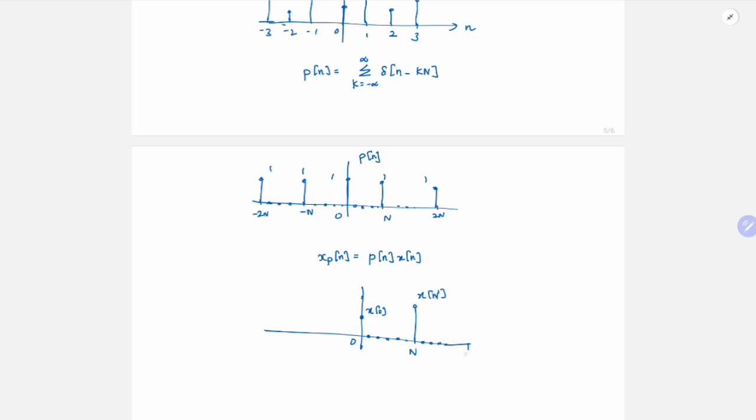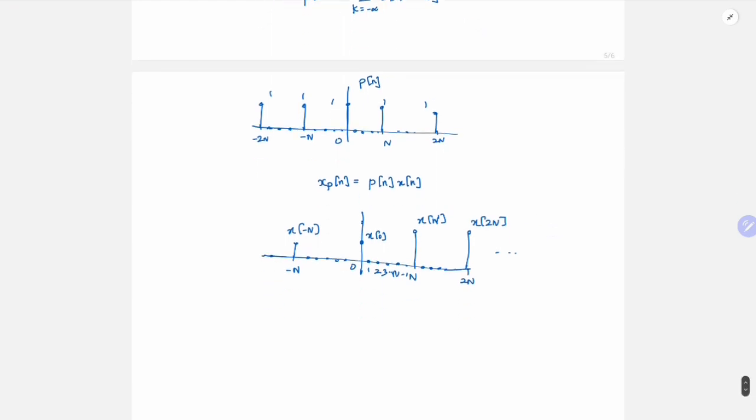Again it will be 0, and at 2N I'll get x[2N], and so on. On the negative side also, at minus N I'll get x[-N], and everywhere else it is 0. So this will be my xp[n].